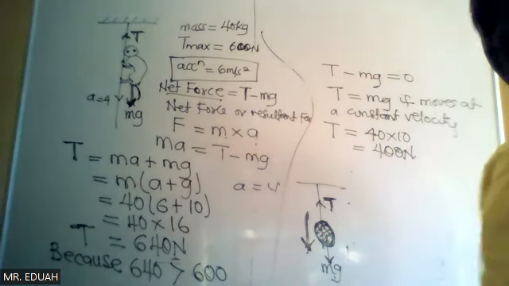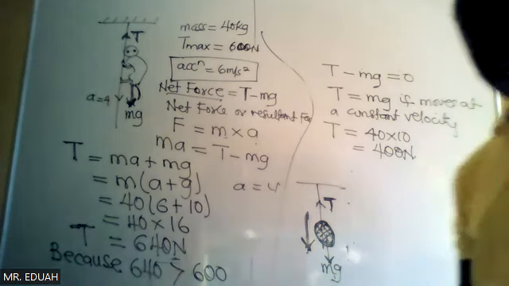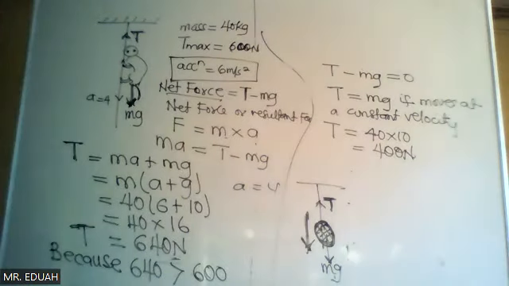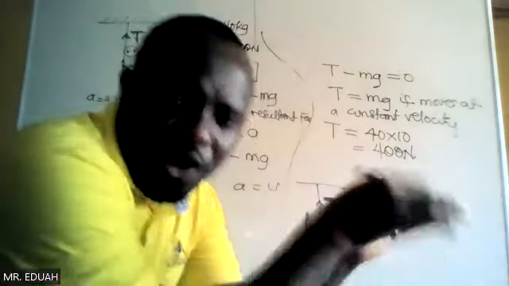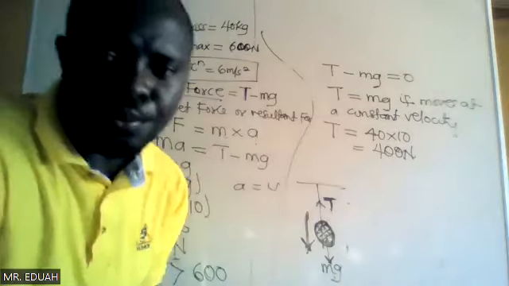Priscilla, what will happen if the monkey falls freely from the rope? It won't break. If the monkey decides to just fall, get off from the rope and fall under the influence of gravity, free falling, the rope will not break.